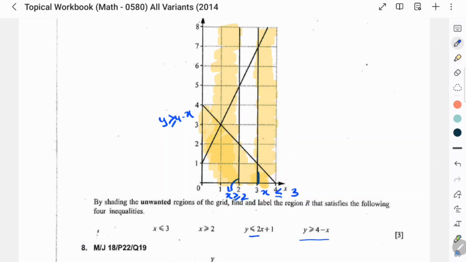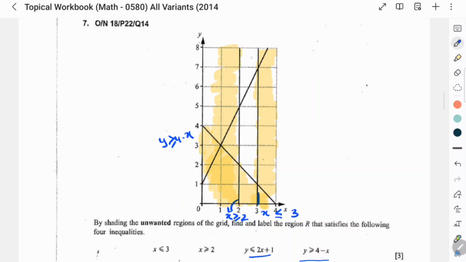One more line we have, this one. Y is less than or equal to 2x plus 1. Your 1 is the y-intercept as it has the positive gradient. So this line is y is less than or equal to 2x plus 1. So obviously we'll shade above the line. For this one, we'll shade above the line.